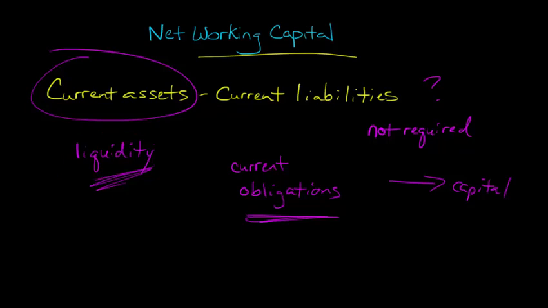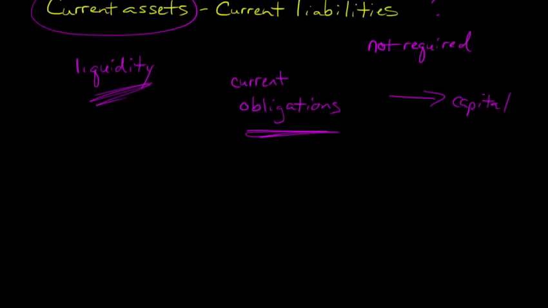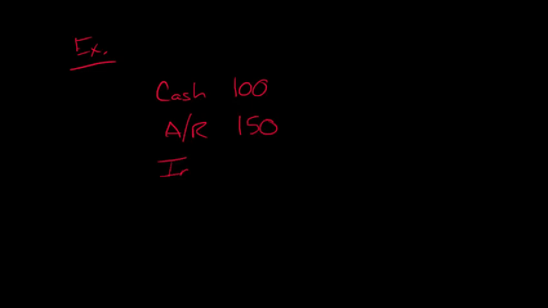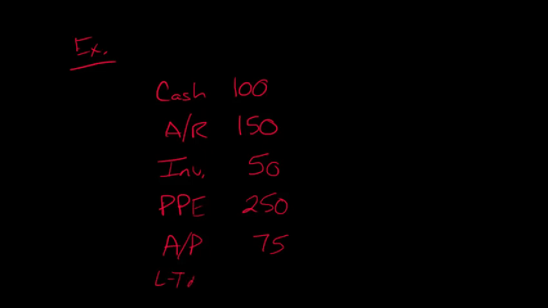Let's walk through a quick example. Let's take a firm that had the following: cash of 100, accounts receivable of 150, inventory of 50, property, plant, and equipment of, let's say, 250, accounts payable of 75, and then let's say there's long-term debt, some bonds or something, of 200.